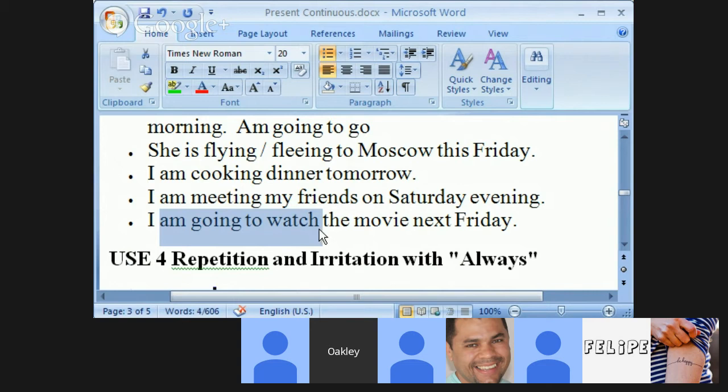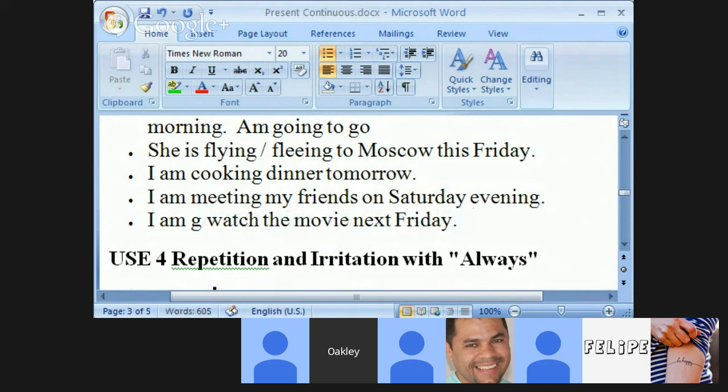And here it is totally interchangeable. Instead of using that, you could use present continuous, which would simply be, I am watching the movie next Friday. Generally, there's no difference. You can use the going to simple future or the present continuous. Both show that it's a plan in the future.